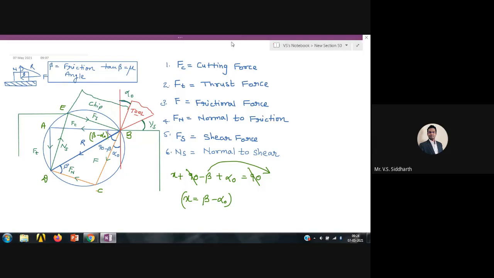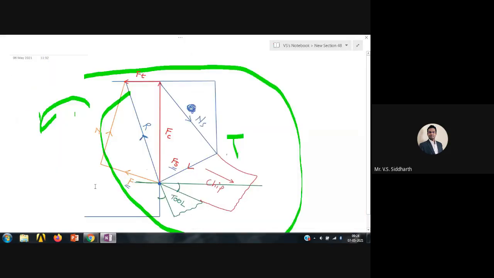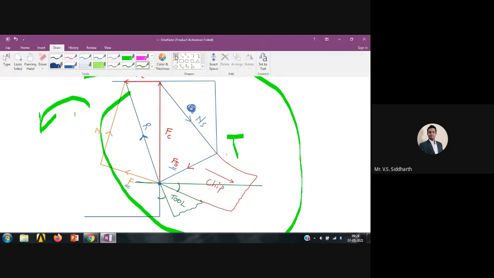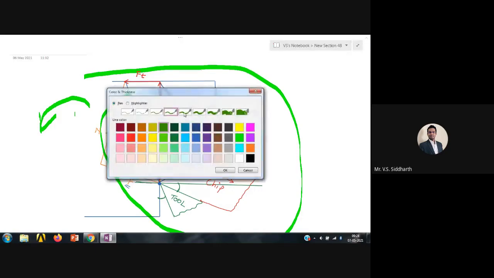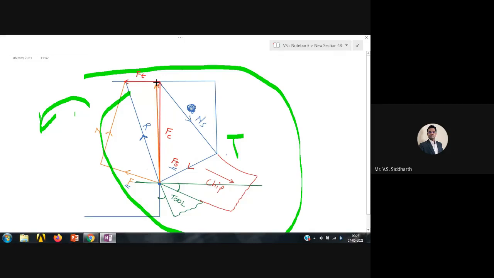Kamalakar, you are also replying. Good. Now you see here, I gave you one definition of the shear plane angle. The shear plane angle is the angle made by the shear plane with the cutting velocity vector. So in this particular diagram, which we have drawn yesterday, the cutting velocity vector will be in this direction.